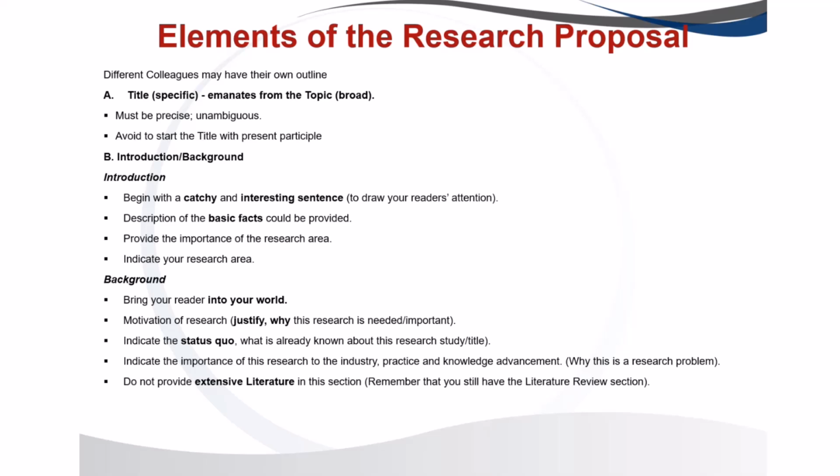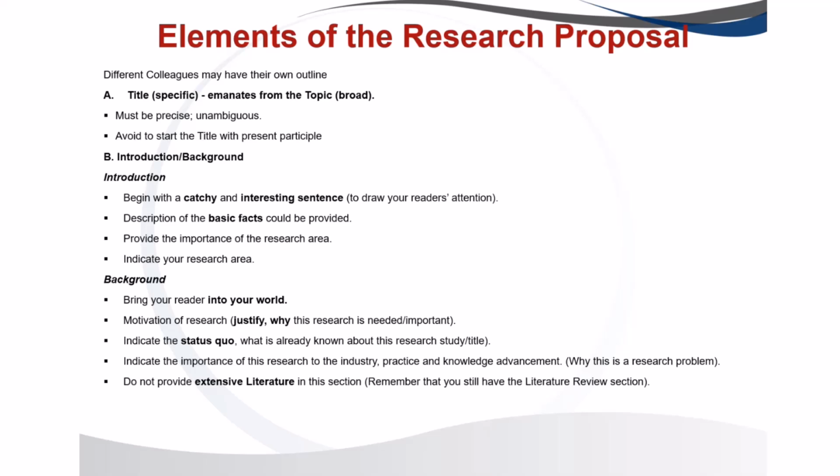Let's say, for example, the broader topic is about information, that's ICT, all right? That's a broader topic. But when you break down this broader topic, you have to come up with your own title, which relates to ICT.